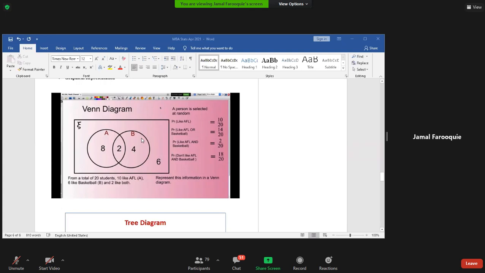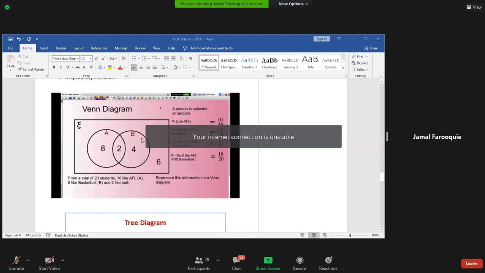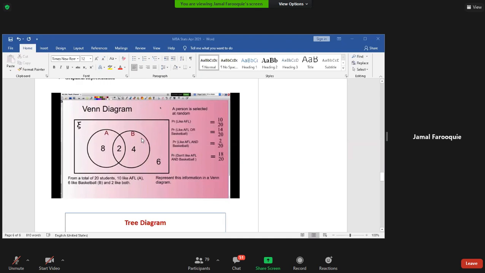Then A in total will be 10, because 2 are common to A and B. But if we say B only, then it is 4, and with the common ones 4 plus 2, 6. And 6 is outside, meaning 6 are the students who are neither in A nor in B, but are part of the universe.